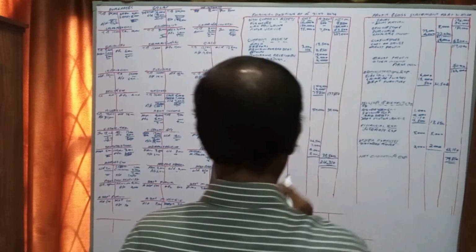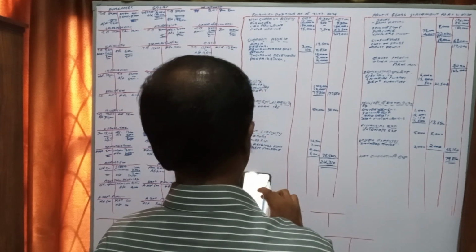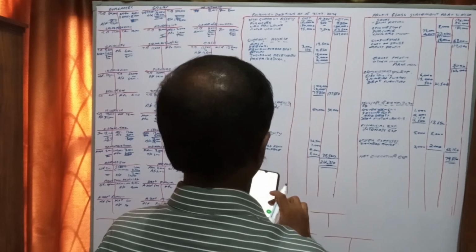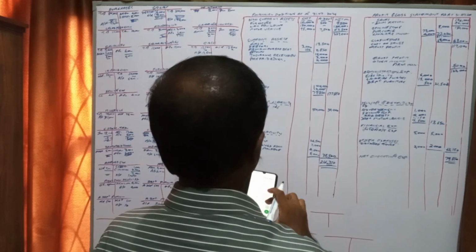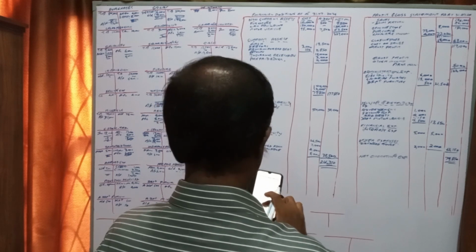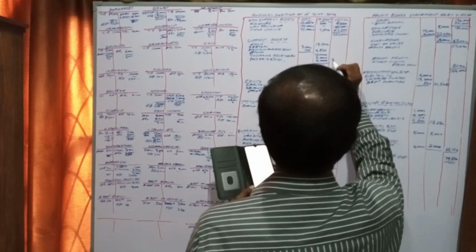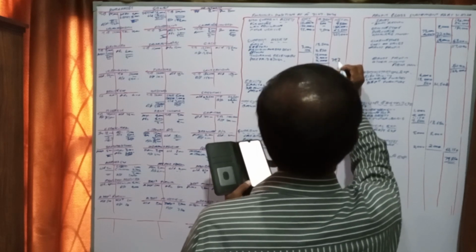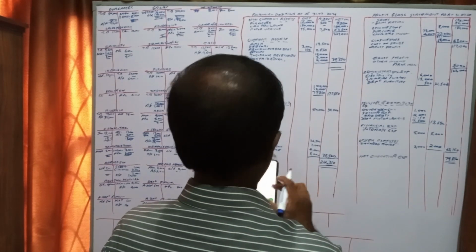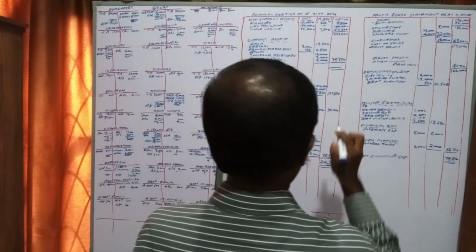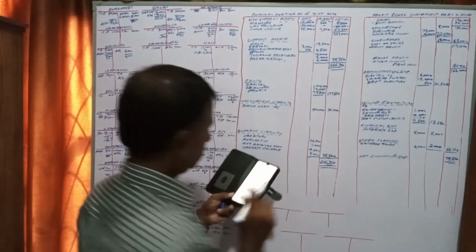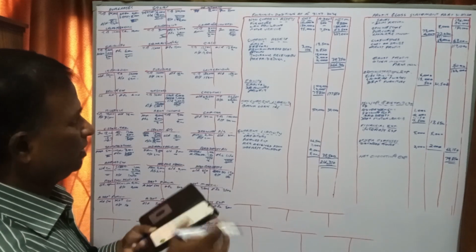Okay, here the other one is 13,500 plus 2,850 plus 18,000 plus 3,000 plus 2,000, 39,350. 39,350 plus 227,000, 266,350. It is balancing.